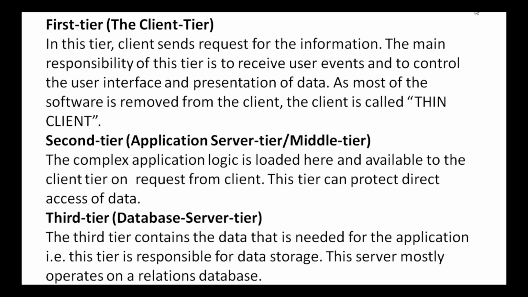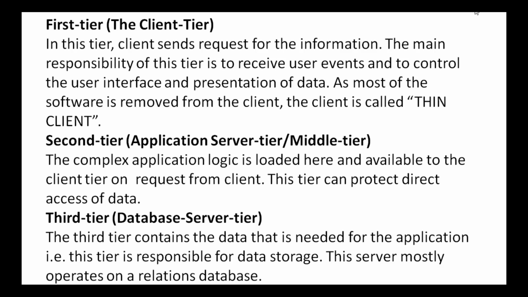One more important point: three-tier architecture is used for web applications or enterprise applications. The first tier, the presentation layer, is always built on web technologies such as HTML5, JavaScript, CSS, like that. Coming to the application server, the actual business logic is loaded.